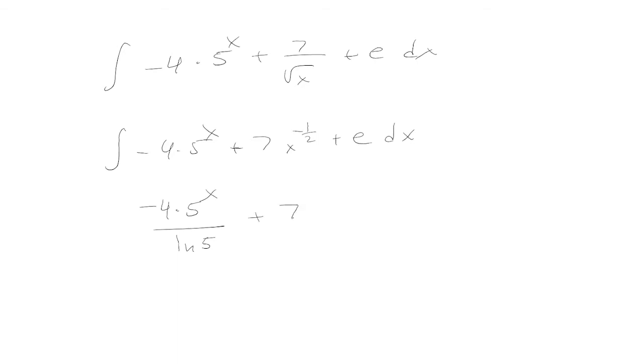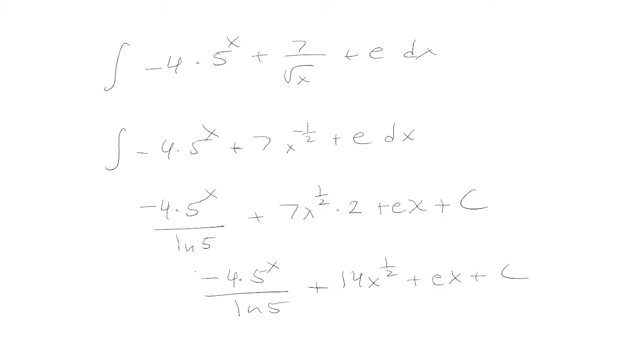And then we're going to add 1 to the exponent and then multiply by the reciprocal of the exponent. E is a constant here, so the antiderivative of a constant is just a constant times x. So this becomes negative 4 times 5 to the x over ln of 5 plus 14 times the square root of x plus ex plus c.